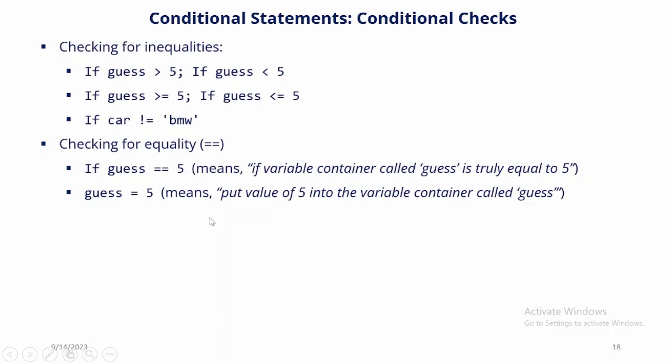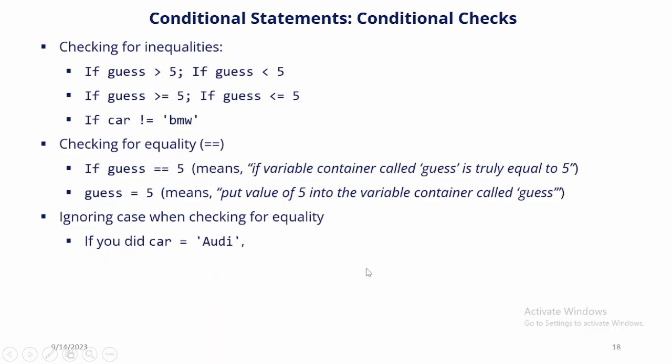Now, when you are checking for equality with strings, there can be problems. For instance, if you assign the value of Audi to a variable called car, Audi with a capital A is not the same thing as Audi with a small letter a. So, if you go and test later whether the variable called car actually contains audi with a small a, it will return false.